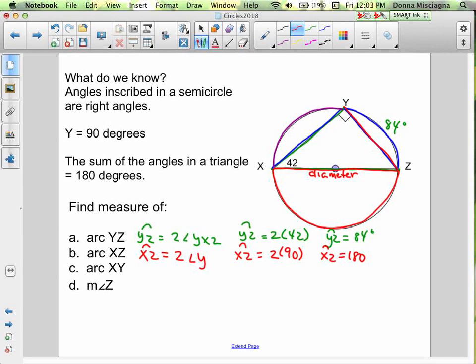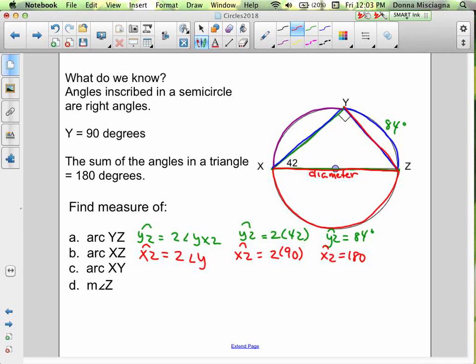We could either find that angle first, or find the measure of the missing arc first. We're missing both of those things. It doesn't matter which one we do first, so may as well find arc XY first, and then we'll find angle Z. Then we'll also check that the angles in the triangle add up to 180.